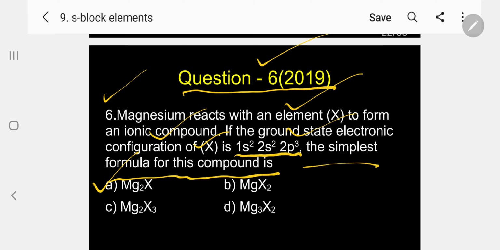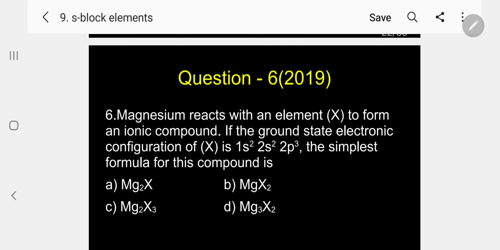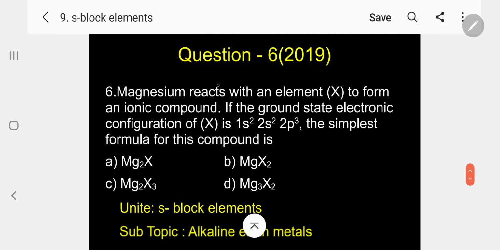Option A, MX2; Mg2X; B, MgX2; C, Mg2X3; D, Mg3X2.